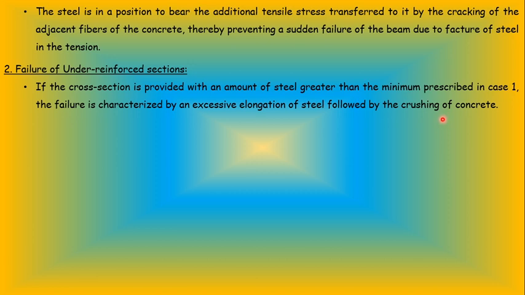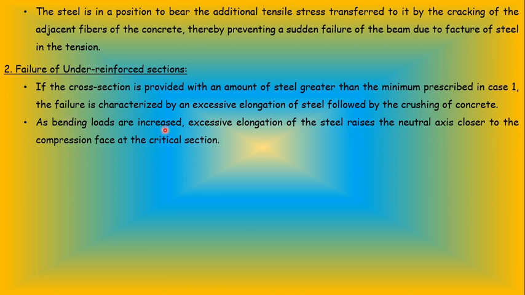This is known as under reinforced. Means if we are not providing 0.2% or 0.15%, whatever failure is going to occur will be due to excessive elongation of steel, which is again followed by crushing of concrete suddenly.